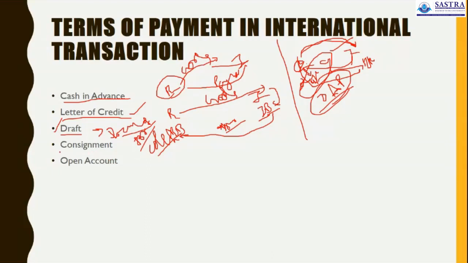And in the category of consignment, the exporter gives the product to the importer. So the goods are sent by the exporter. The importer will sell the goods in the market. Once they have sold the goods, they will collect the payment, and this amount will be transferred to the exporter.